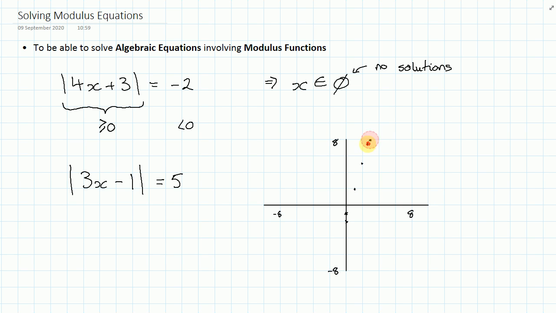So we get the graph originally coming through, keeps going down, through there, through that one, and it keeps going. Now the point it bounces is going to be here. So this modulus point action happens when 3x - 1 equals 0, says that x equals 1/3, and that's that point where it bounces.